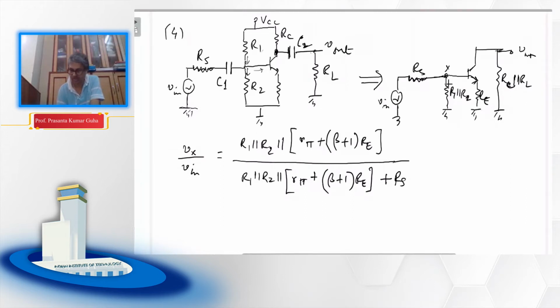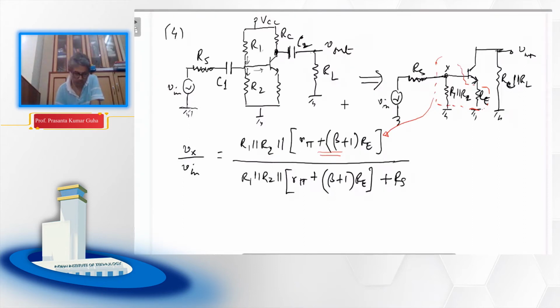So effectively this part, R1 parallel R2 parallel R pi plus, because this is the input resistance, you remember, and if you add it with Rs, that's the entire resistance. So it is acting as a voltage divider circuit.